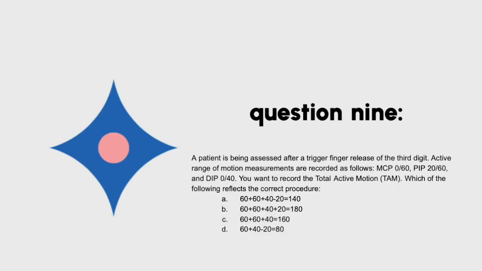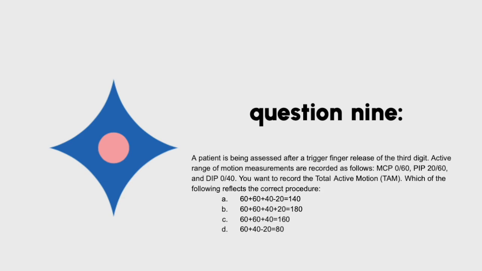Question 9. A patient is being assessed after a trigger finger release of the third digit. Active range of motion measurements are recorded as follows. MCP 0 to 60, PIP 20 to 60, and DIP 0 to 40. You want to record the total active motion, or TAM. Which of the following reflects the correct procedure?